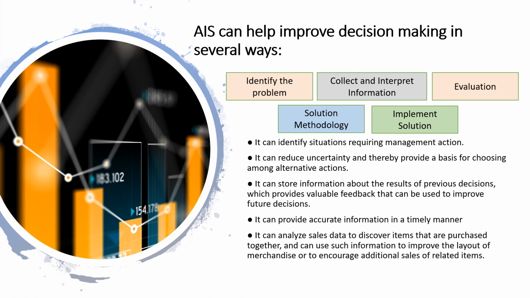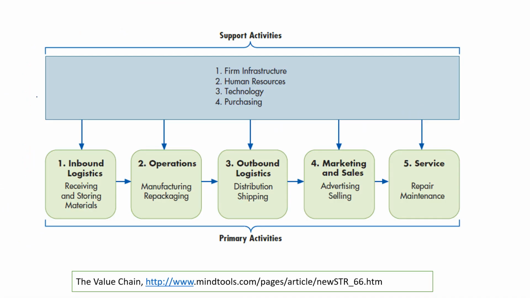Since they can store multiple data from the AIS, you can already research or predict a particular outcome in the future. Okay. Next, this figure shows the activities that are conceptualized in forming a value chain.